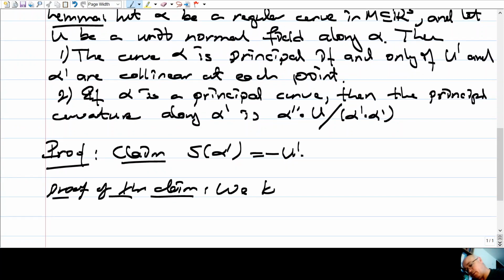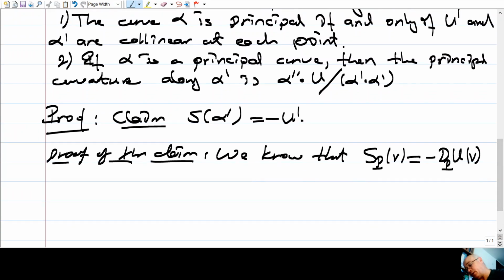Well, we have seen that the shape operator at P along the vector V is nothing but the derivative of the unit normal field at the point P along the vector V. The directional derivative of U at the point P along the vector V. Okay, and thus S_P of alpha prime, which is nothing but d/dt of minus U of alpha(t).